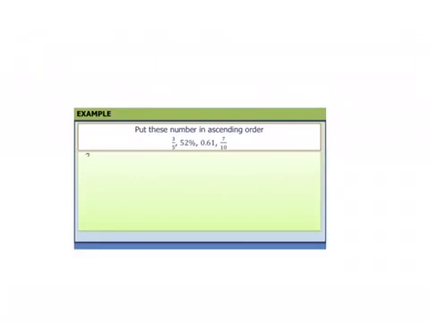So I've got 3/5. Now, I can convert this into a decimal by doing a bus stop division. I can do 3.000 divided by 5. But if you look, if I times the top and bottom by 10, I get 30 over 50. And then if I times the top and bottom by 2 again, I get 60 over 100.